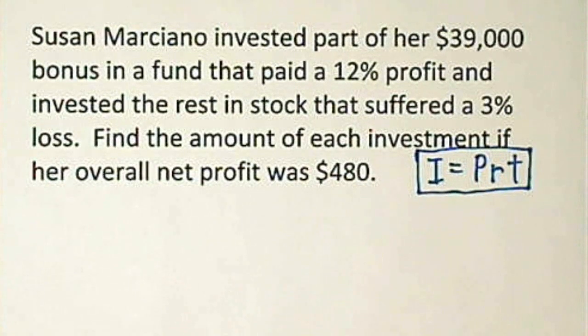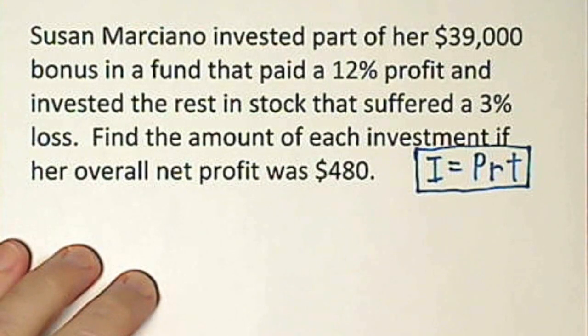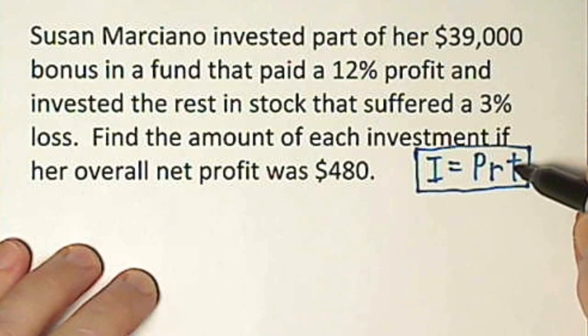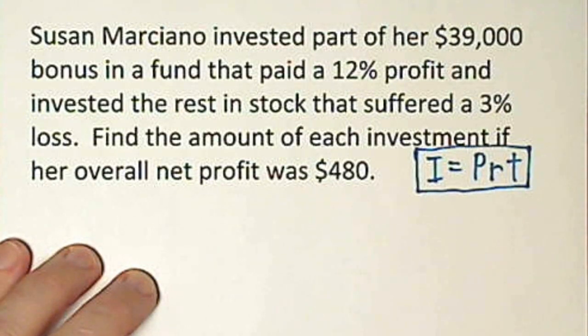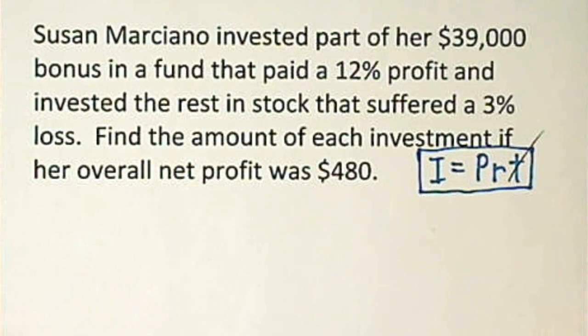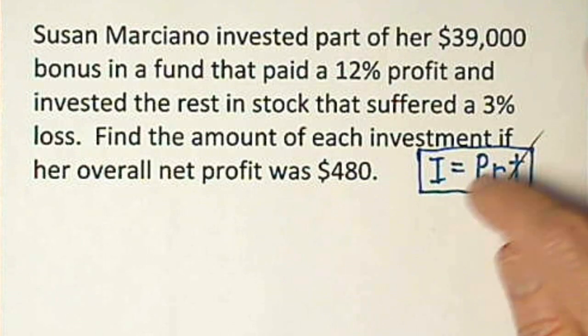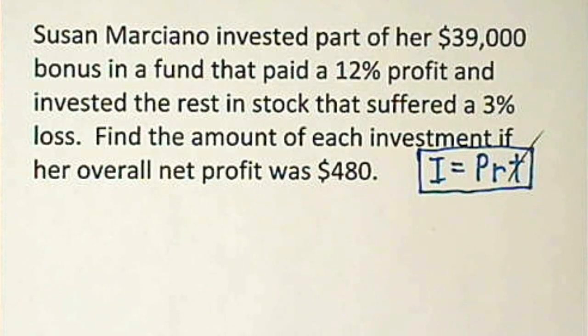For the problems that you're going to encounter, we start out with a friendlier approach: time is usually 1 year. So if we multiply by 1, nothing happens, so you can essentially ignore that time for now. Eventually we'll say over 2 years or 5 years, and it'll get a little bit more complicated.